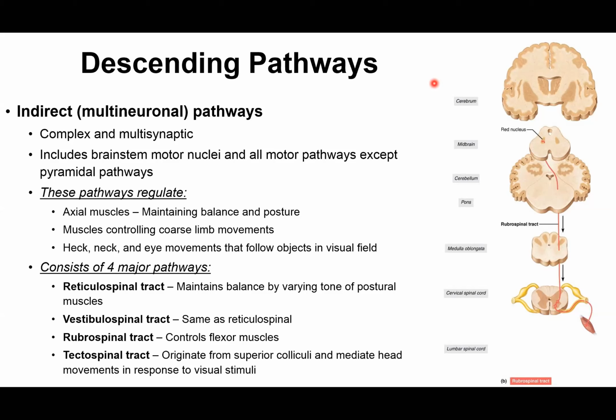So the descending pathways, there's actually 4 major pathways. And so the reticulospinal tract is going to help maintain balance by basically varying the tone or contraction of various postural muscles. The vestibulospinal tract does the exact same thing as the reticulospinal tract.